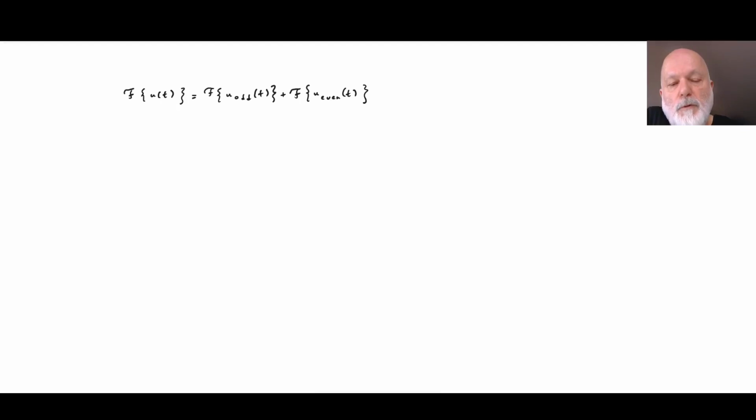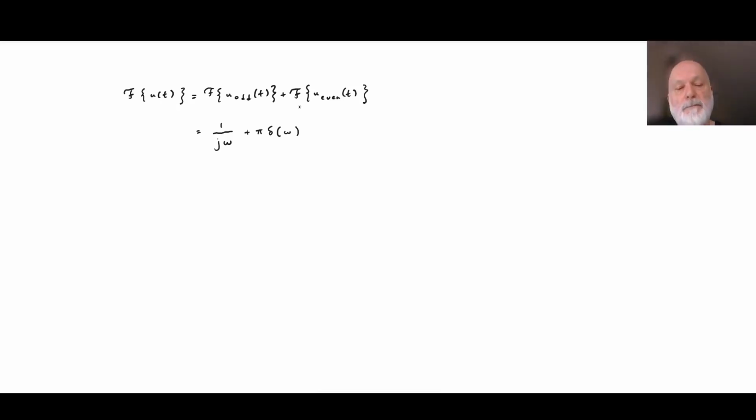Now, the Fourier transform of the odd part has been calculated as 1 over j omega, and the Fourier transform of the even part is pi delta of omega. Okay, we clearly see that the properties satisfied by the Fourier transforms of the even and odd parts are satisfied. That means the Fourier transform of the odd part is odd and pure imaginary, and the Fourier transform of the even part is real valued and even.